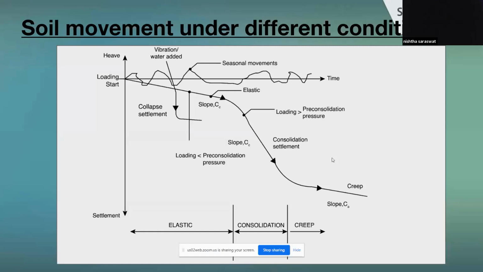But when we apply another additional load, delta sigma z, because the soil particles cannot rearrange themselves very quickly, that additional load will be taken by the water which is present in the voids, which leads to an increase in the pore water pressure, which we also denote by u. But eventually, as the water dissipates and the pore water pressure becomes less, the soil particles rearrange and the load will be taken up by the particles.